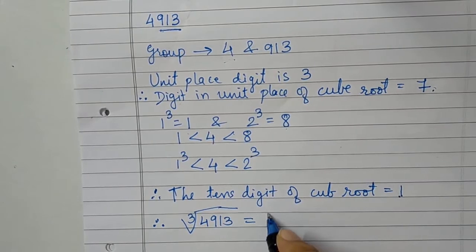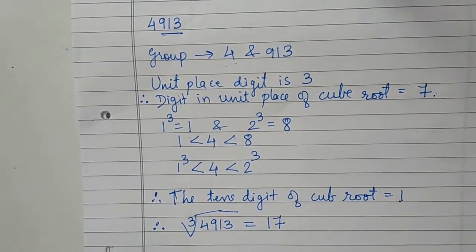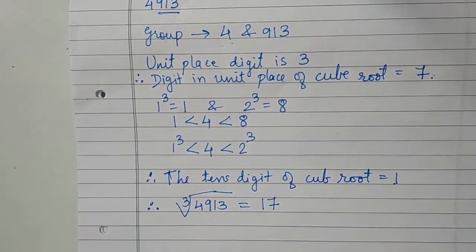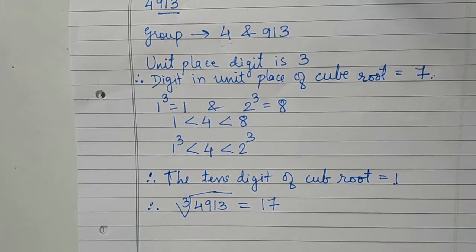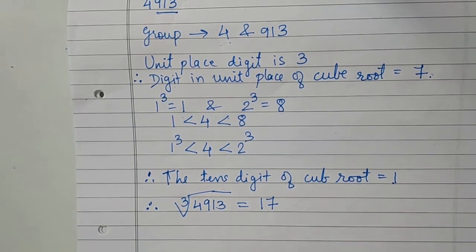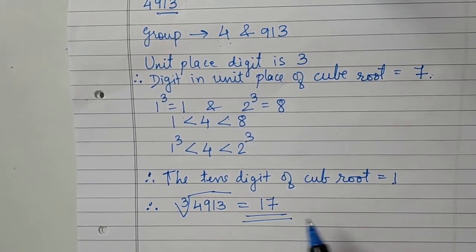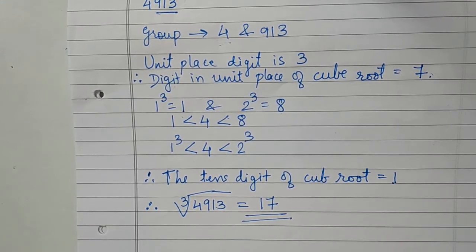So that will be 17. You can even check it out. You can take the cube of 17. It will be 4913. And if you want to find the cube root of 4913 by prime factorization, that also you can do. You will get the answer as 17 only.